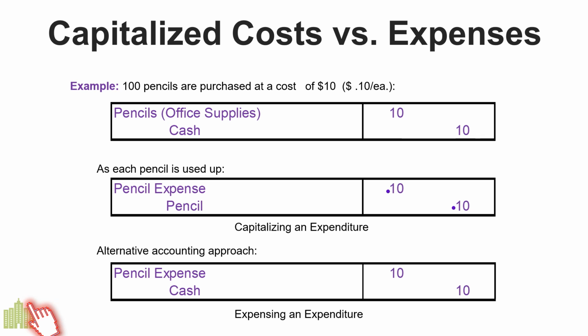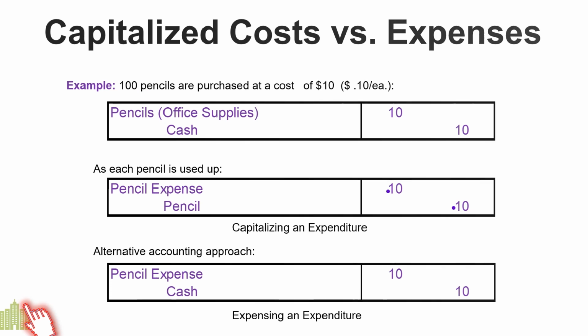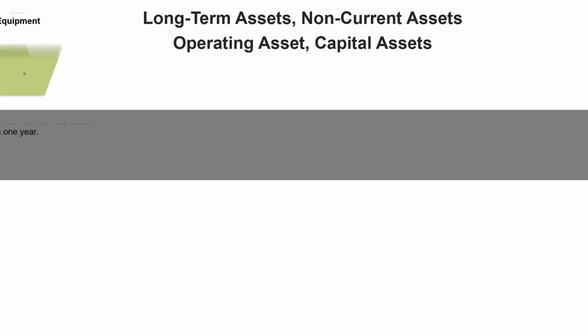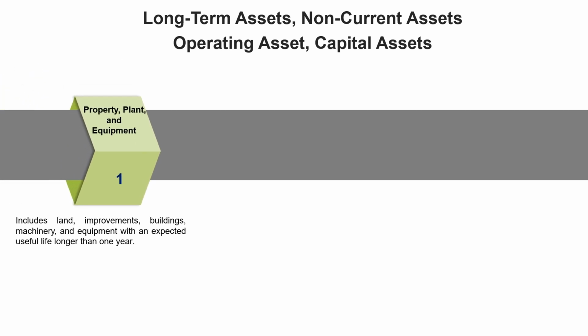And as long as that doesn't extend into the next accounting period, let's just go ahead and expense the expenditure at the time that we actually make the payment of cash, rather than capitalizing it.